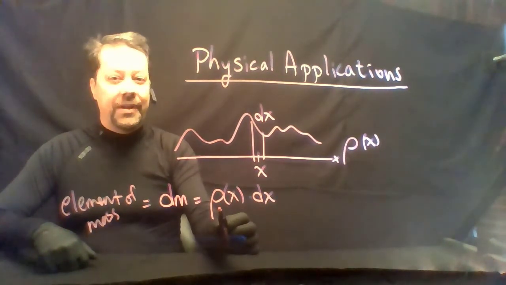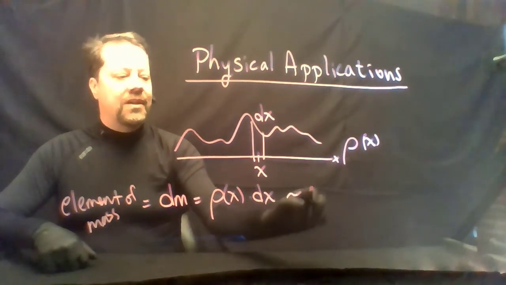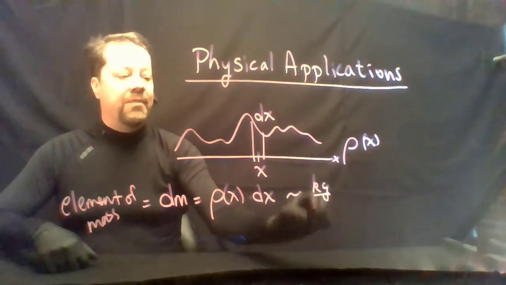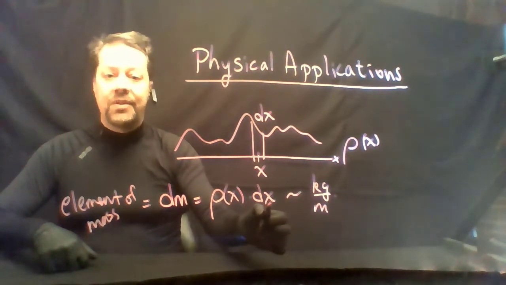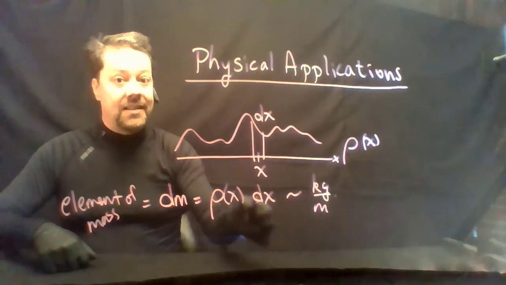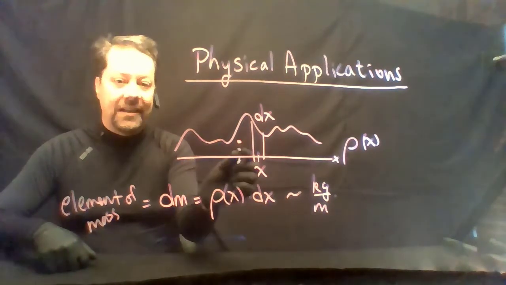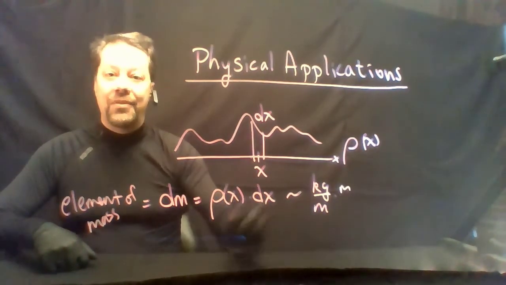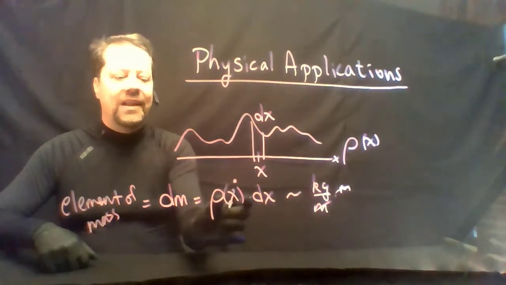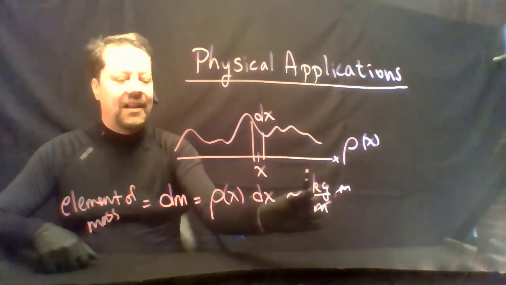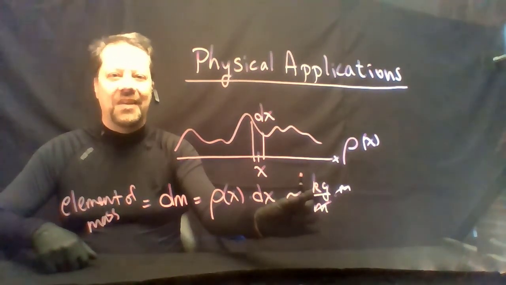Think about the units. The units are going to be kilograms per meter times the units of dx, and dx does have units. It's a little increment in length. It will have units of meters. We'll get a little tiny element of mass, a little element in terms of kilograms.